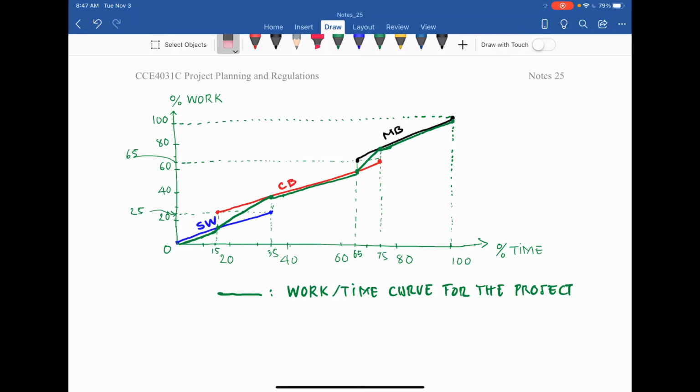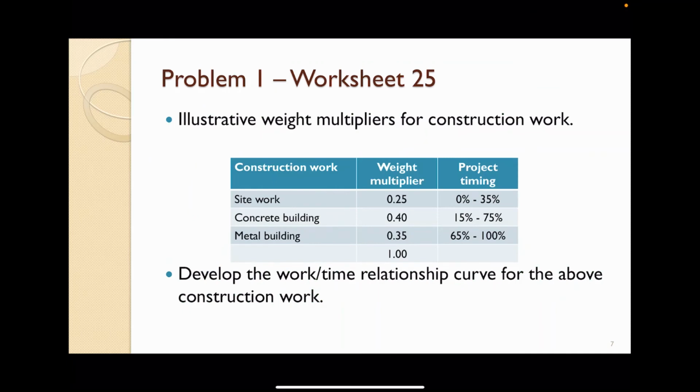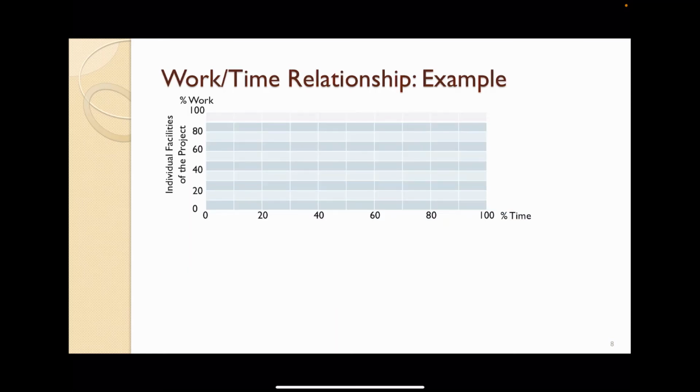The PowerPoint shows some animation to draw the work time relationship for problem 1, as I just showed you drawing by hand. As you can see, for the individual facilities of the project, we have percent of work on the vertical axis and percent time on the horizontal.